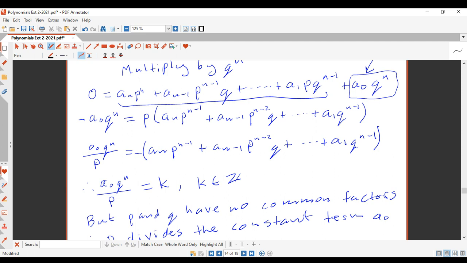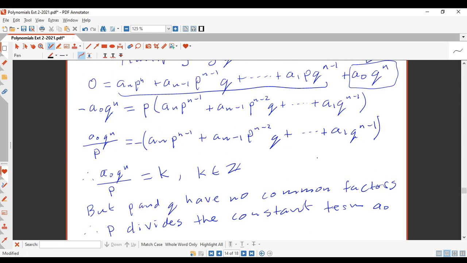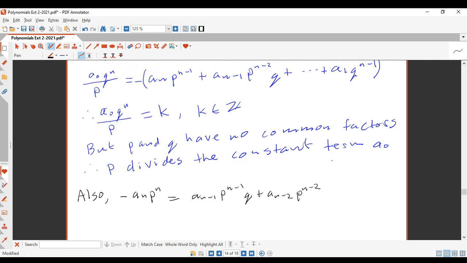So a n minus 1, p to the n minus 1 q, that's the next term, plus a n minus 2, p to the n minus 2, and that'll be q squared then, won't it?